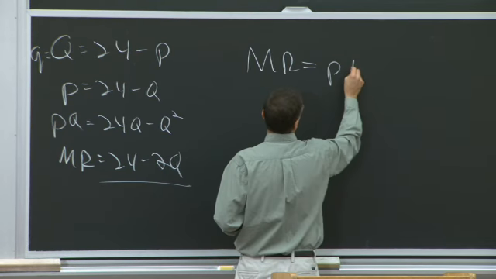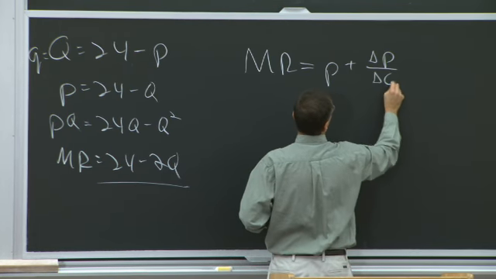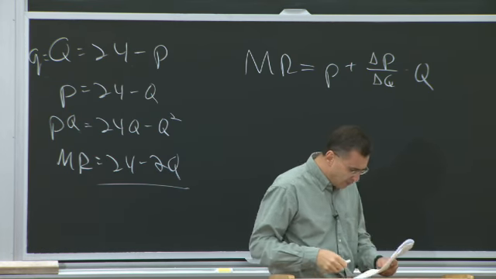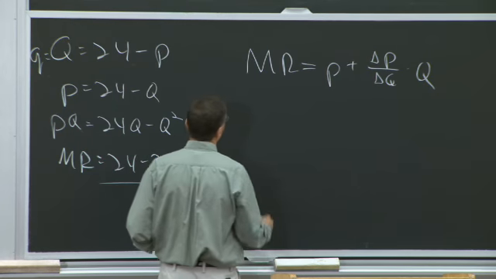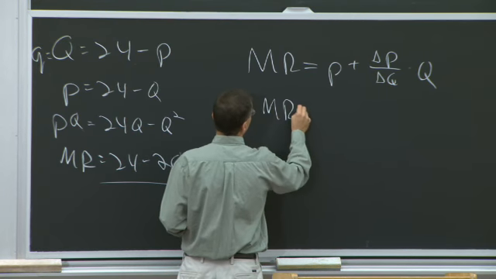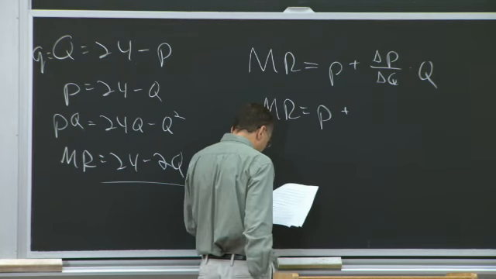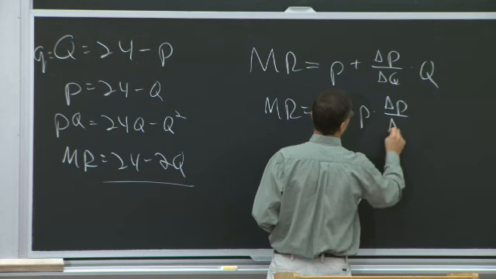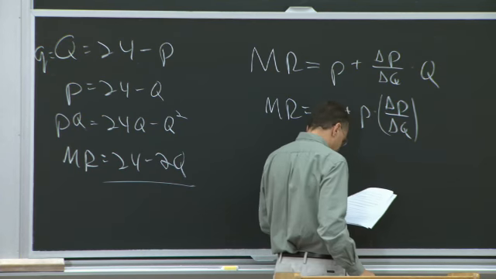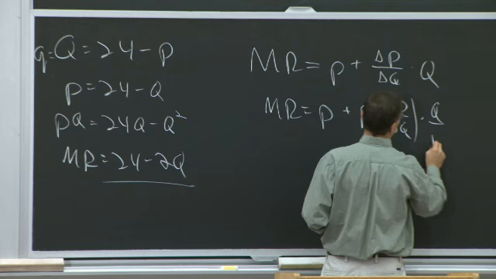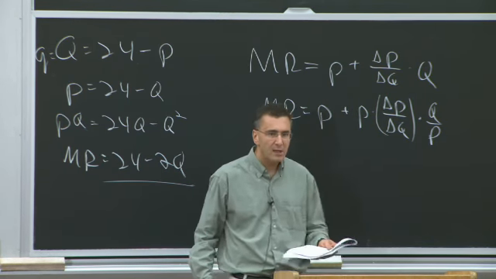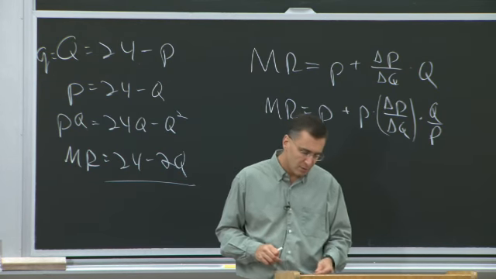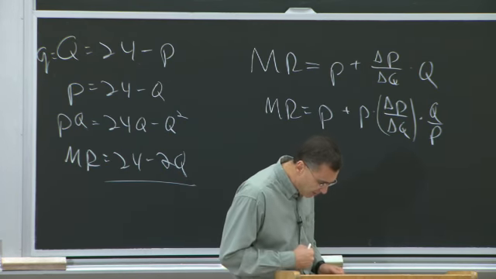P plus delta P over delta Q times Q. And let's multiply and divide by P. So marginal revenue, you can rewrite as P plus P times delta P over delta Q times Q over P. So I just took the second term, multiplied and divided by P.